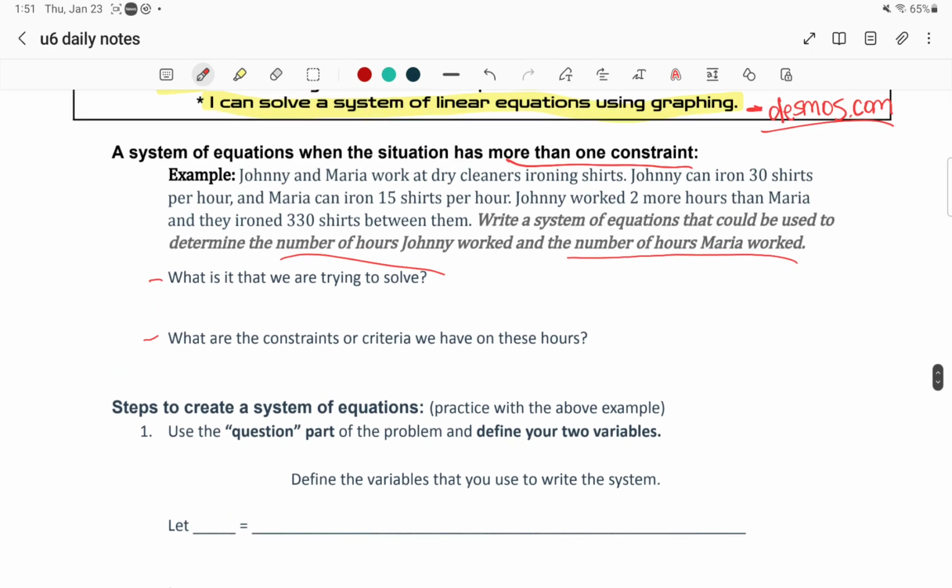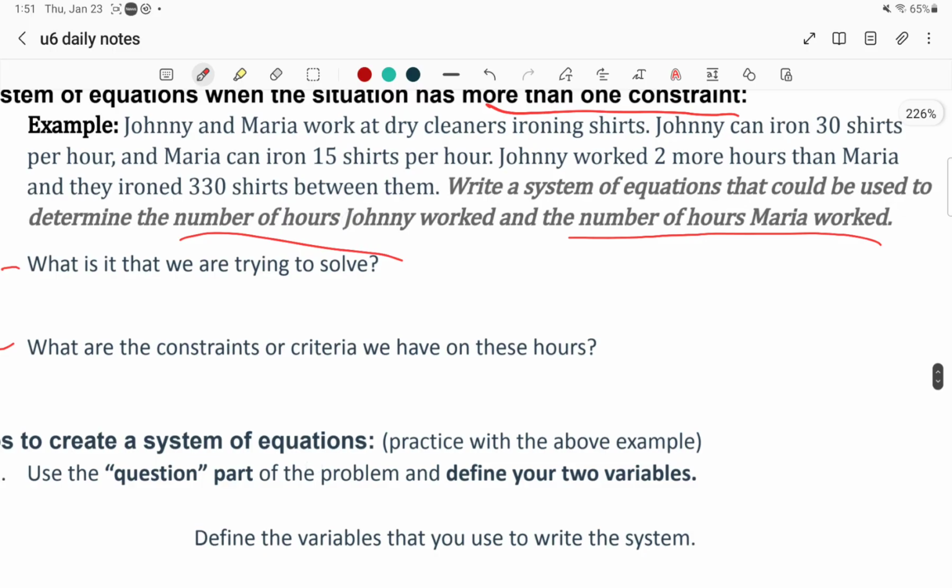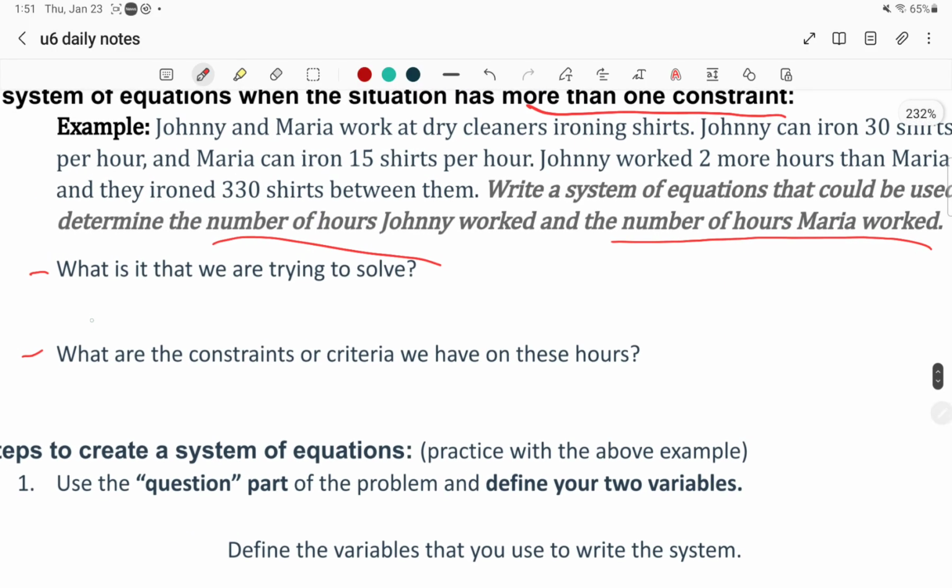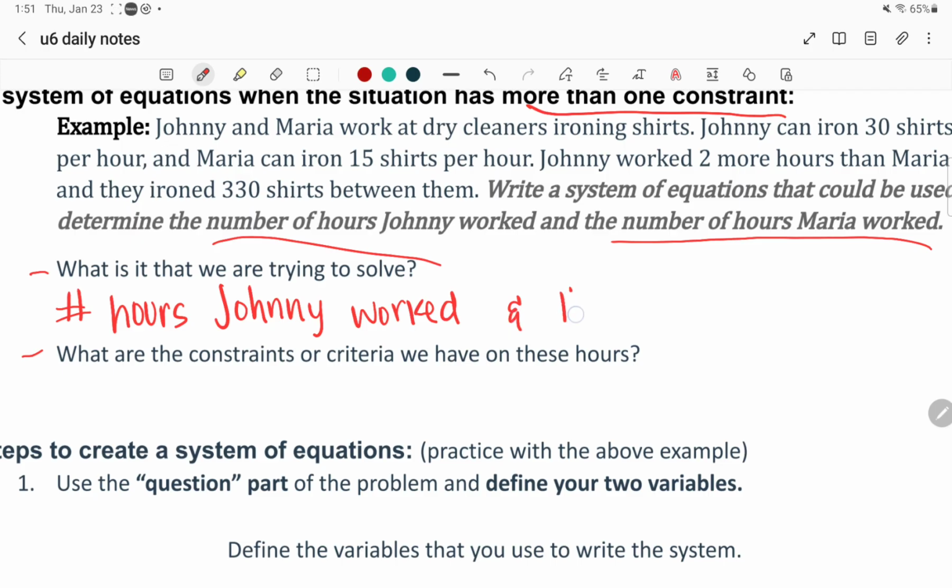Delta Math likes to try and give that away to you. So what is it we're trying to solve in our problem here? We want to figure out how many hours Johnny worked and the number of hours Maria worked.